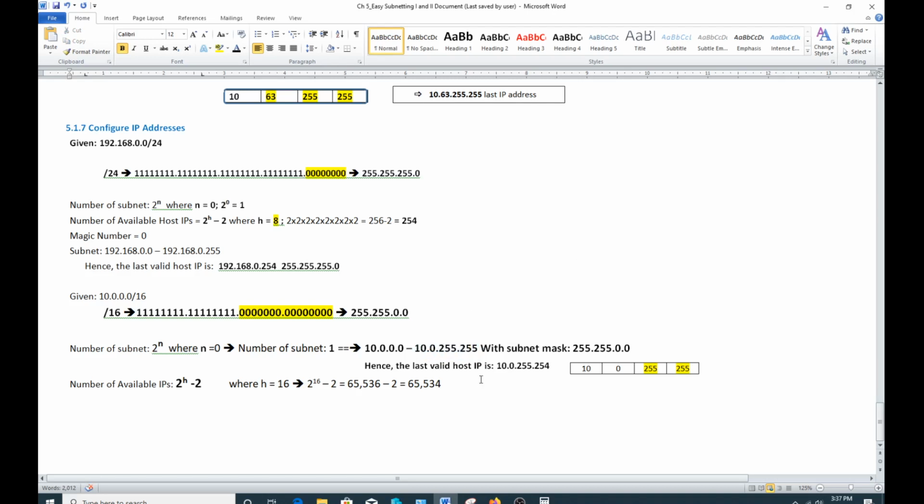So the last valid host IP address is 10.0.255.254, because this is the last IP address, but this one is reserved for the broadcast ID, so it's one number lower than this right here. Okay, so that's how you get the valid IP address. Thank you.